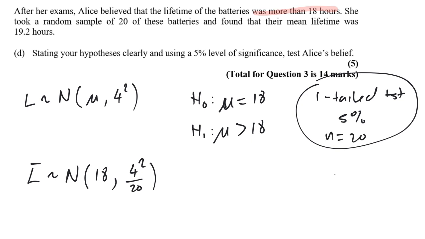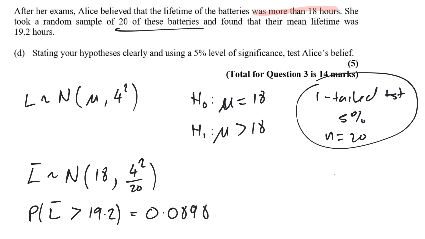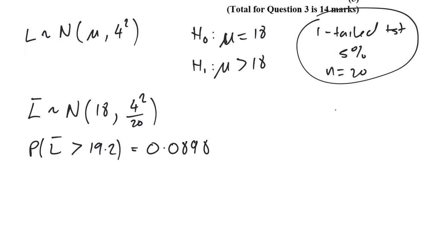That's the size of the sample, because it tells us that up here, and that's really important. We now need to find the probability that the mean is greater than 19.2. And if we do that on the calculator using this distribution, we get 0.0898.